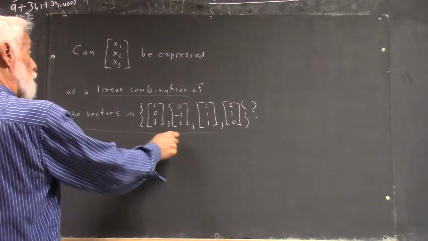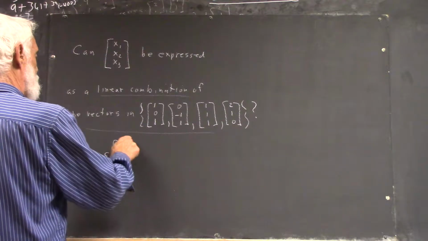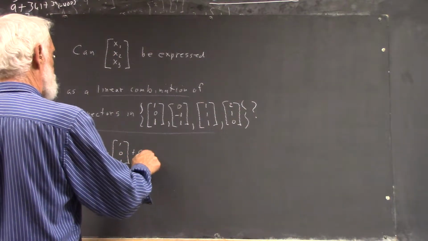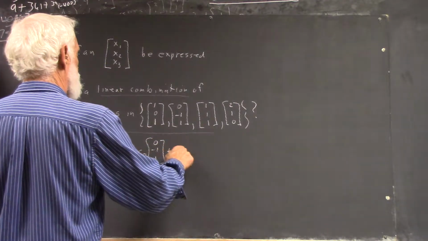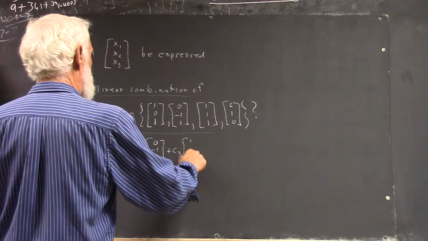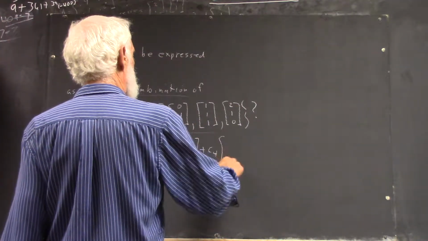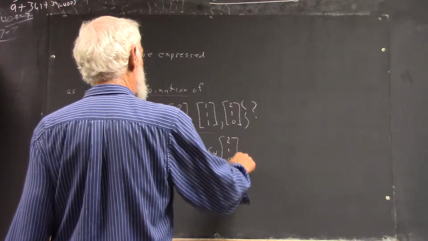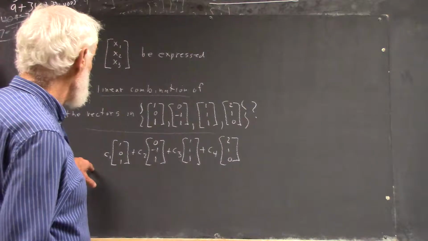So the sum of multiples of these vectors we write as C1 times (1, 0, 1) plus C2 times (0, -1, 1) plus C3 times (1, 1, 1) plus C4 times (2, 1, 0). That's your linear combination.